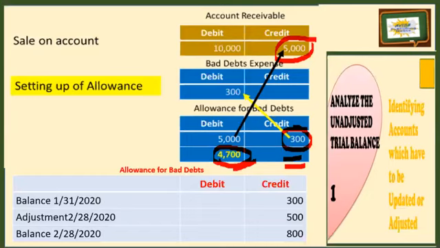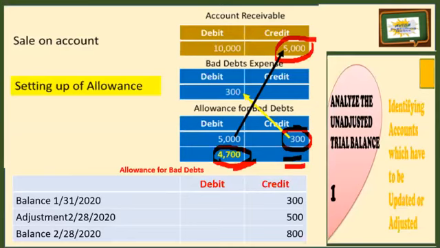In applying the percentage of sales method, the business usually reviews the percentage of uncollectible accounts that resulted from previous years' sales. If the percentage rate is still valid, the business makes no change. However, if the situation has changed significantly, the business increases or decreases the percentage rate to reflect the changed conditions for the period.